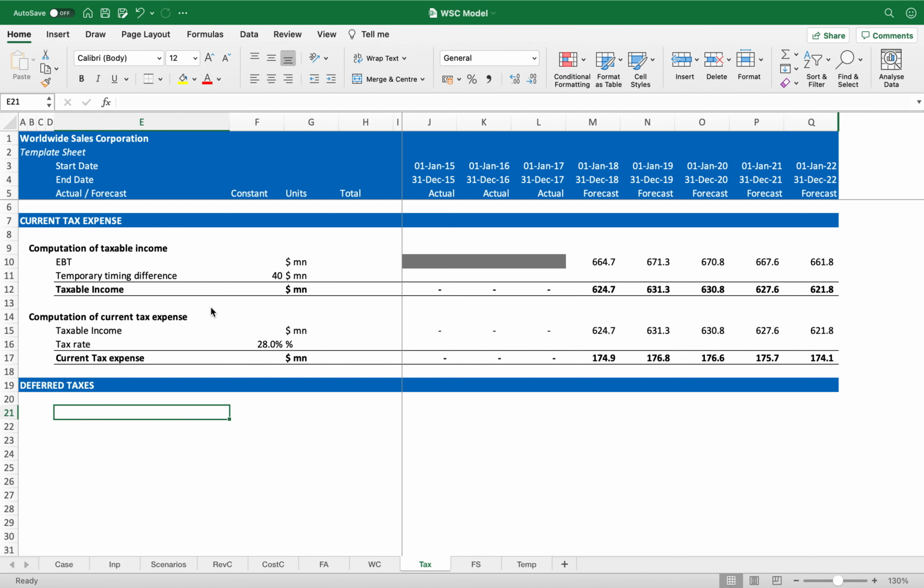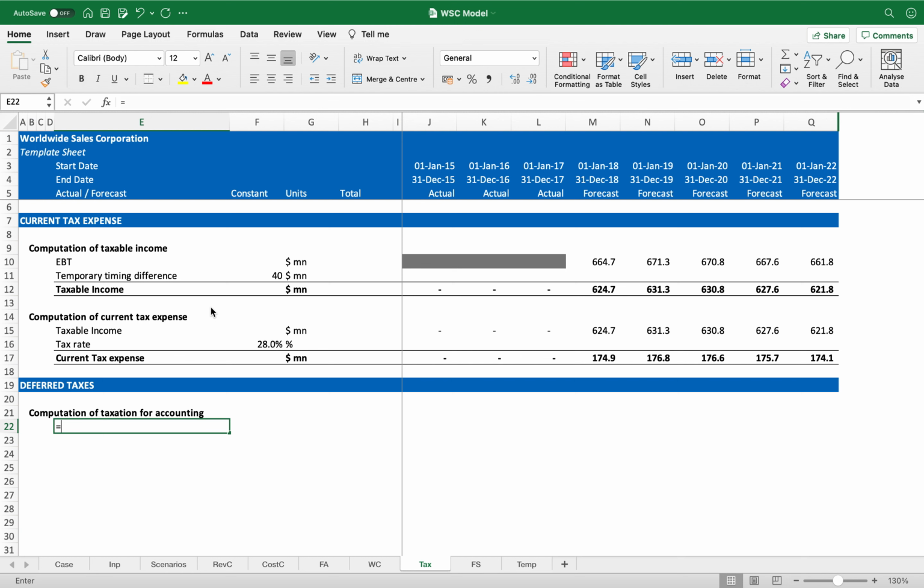Computation of deferred taxes. Now, deferred taxes is the difference between the current taxation, the current tax expense, and what would have been the tax as per accounting computations. Right? So let's compute the computation of taxation for accounting.